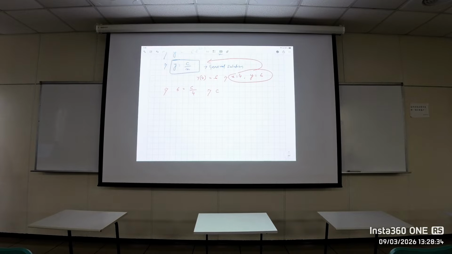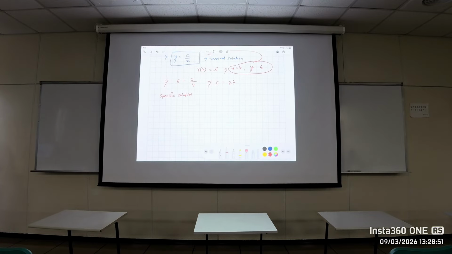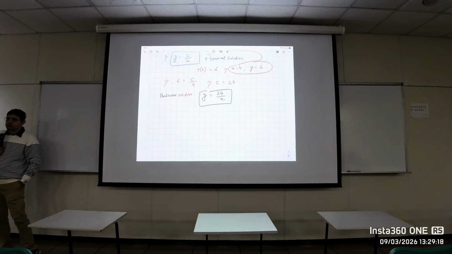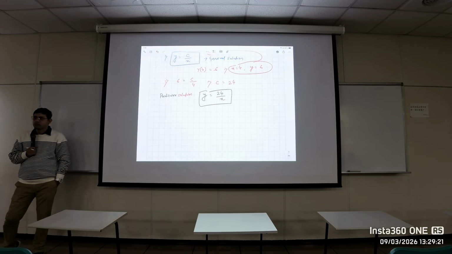That implies your c is equal to 24. Then your specific solution, or you can say the particular solution, which is the more appropriate term, is y is equal to 24 by x. Okay.